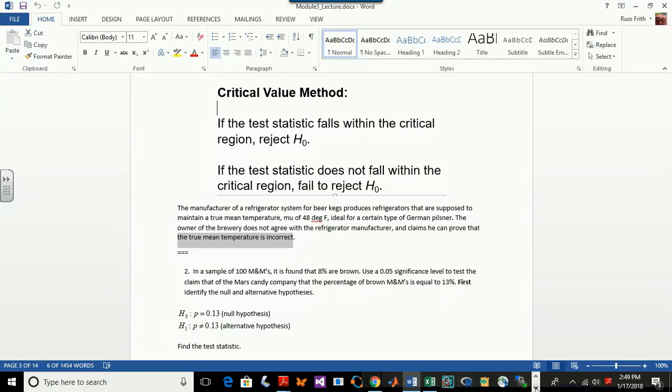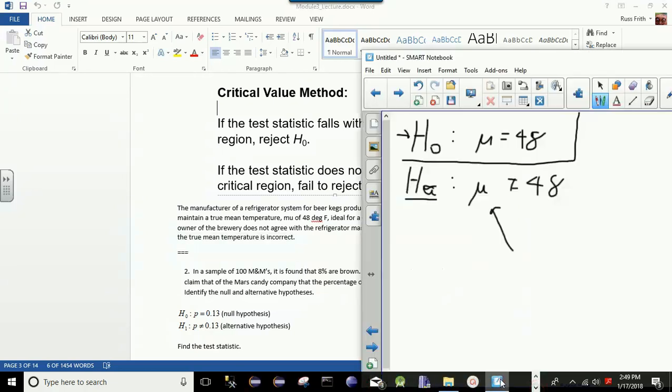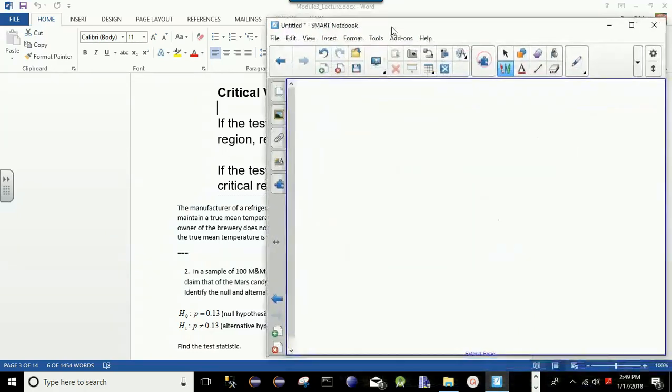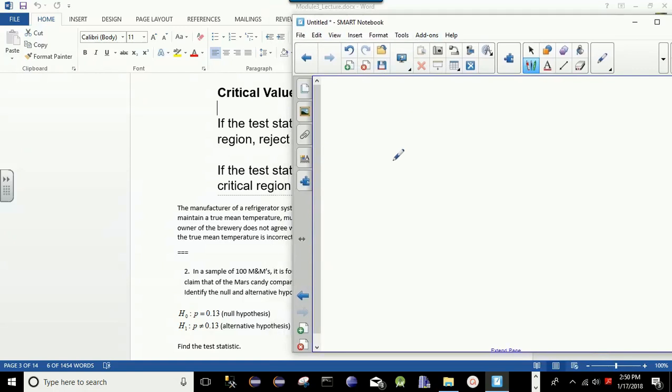Okay, so what we need to do then is calculate the Z statistic for this hypothesis test. So we have P hat equals 0.08. P is equal to 0.13.